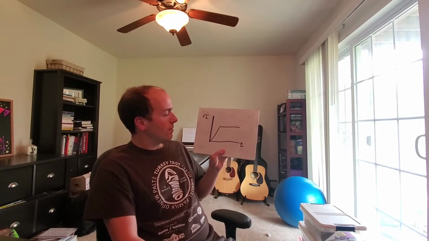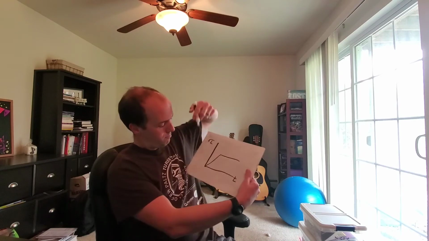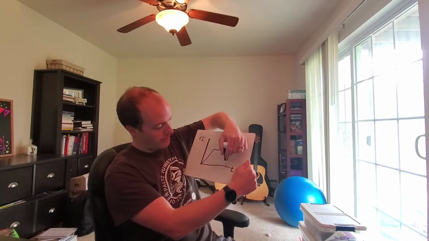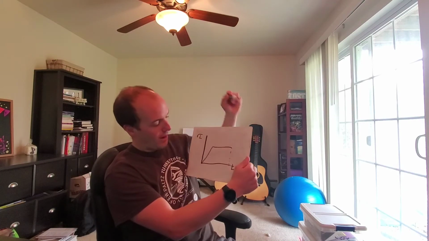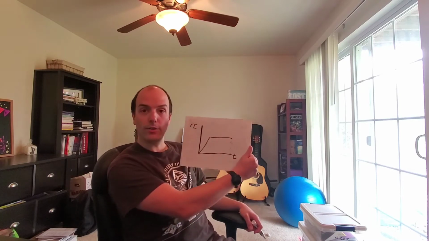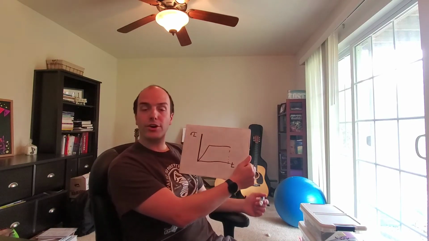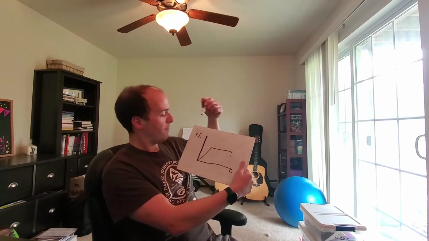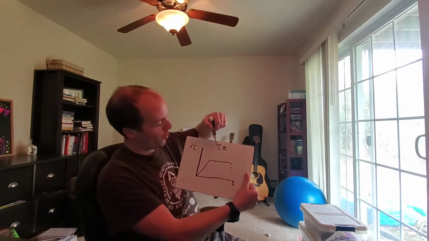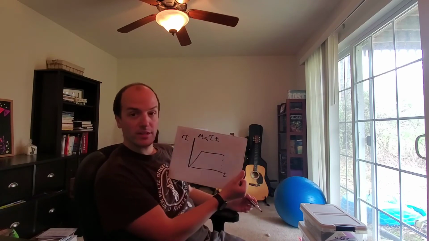Now from time equals 0 to whatever this time is here, how would you find your angular impulse? Well, just find the area under the curve, right? Finding the area under the curve would give you your torque times your time. Torque times time is your change in angular momentum.